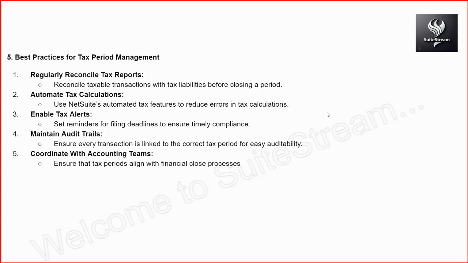There is an automated, pre-built feature to calculate the tax based on jurisdiction. Enable tax alerts: set reminders for filing deadlines to ensure timely compliance. Maintain audit trails: ensure every transaction is linked to the correct tax period for easy auditability. Coordinate with accounting teams.